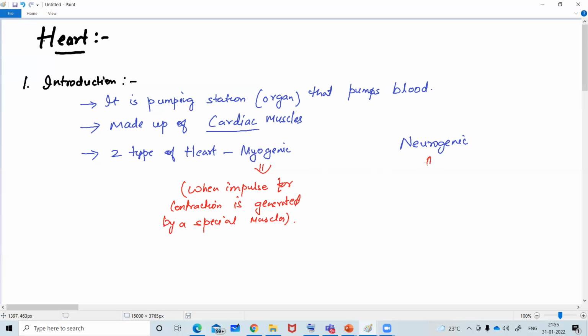And second is neurogenic, when the brain and your nervous system are controlling the activity of the heart. So when we say neurogenic, it means your nerves are involved in the functioning of the heart.